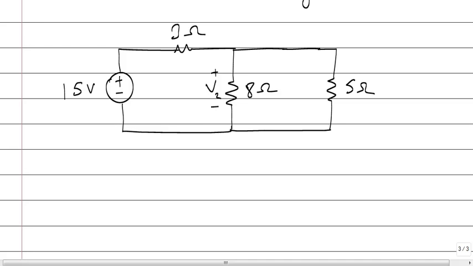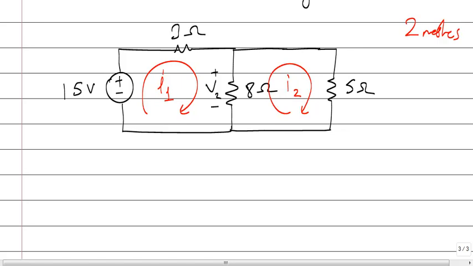Okay, step 1. Define mesh currents. How many meshes are there? 2 meshes. Okay. Mesh 1, I will say current of that mesh is I1. Mesh 2, I2.